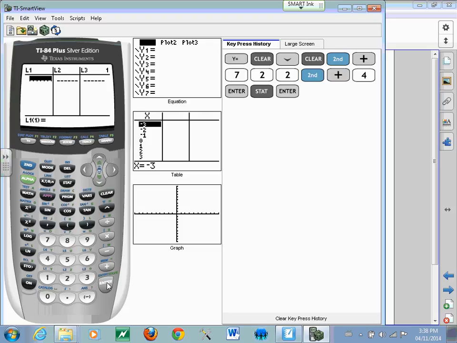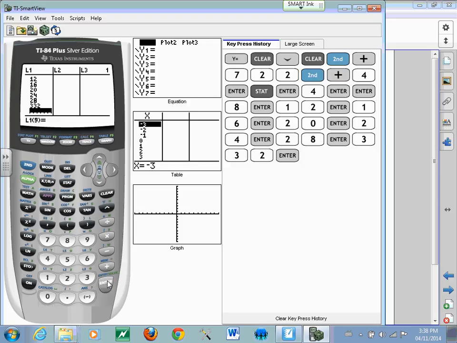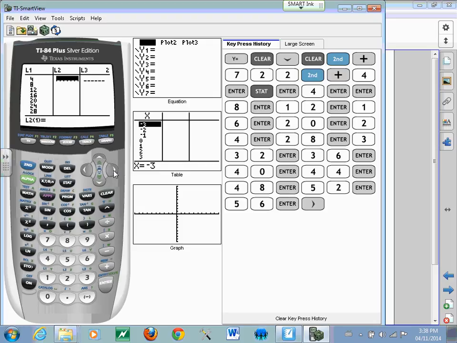So we're going to go 4, enter, 8, enter, 12, enter, 16, enter, 20, enter, 24, etcetera. Keep going all the way down the list till you get to 56. And then we're going to go over and put the corresponding areas in.